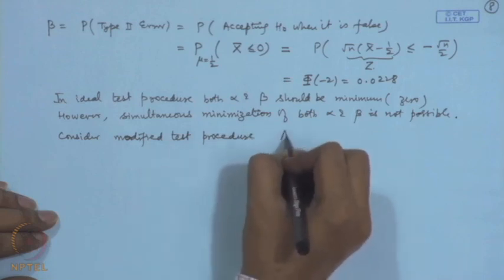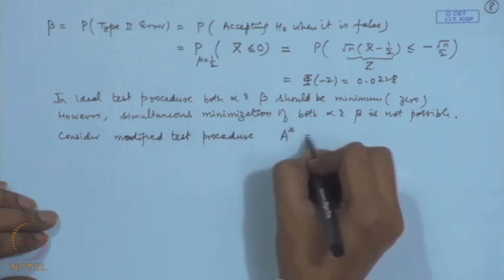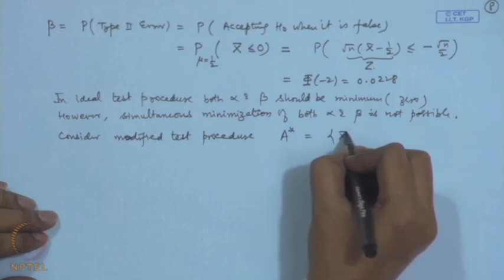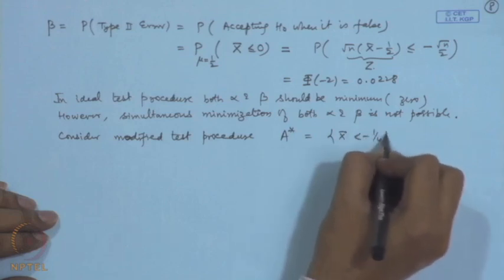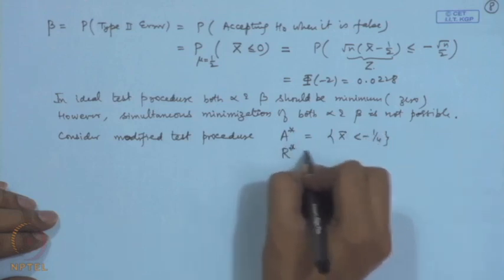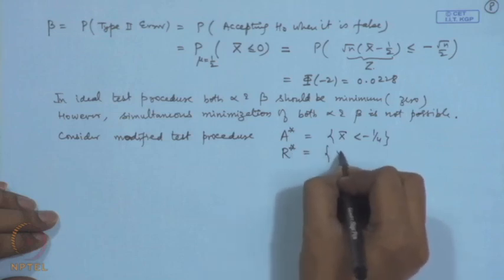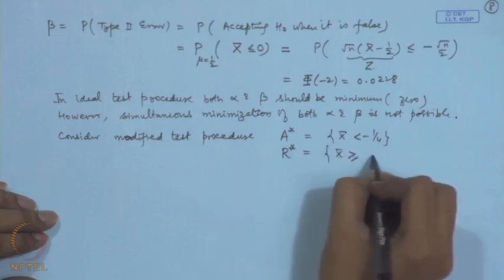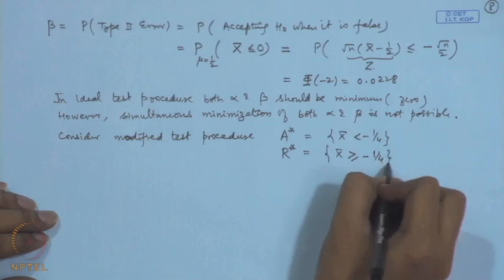So, I give the rejection region as x bar less than minus 1 by 4, and the complementary region, that is the acceptance region, as x bar greater than or equal to minus 1 by 4.